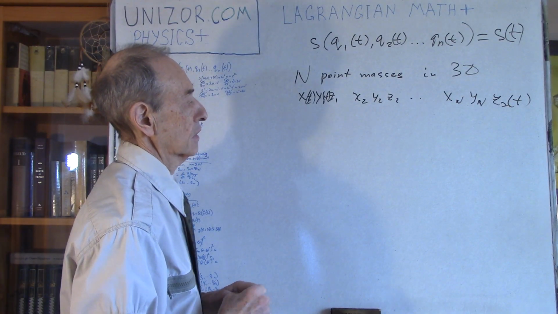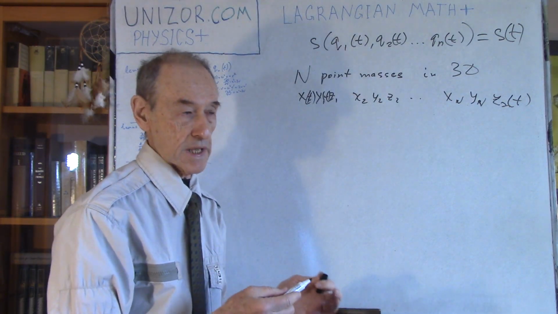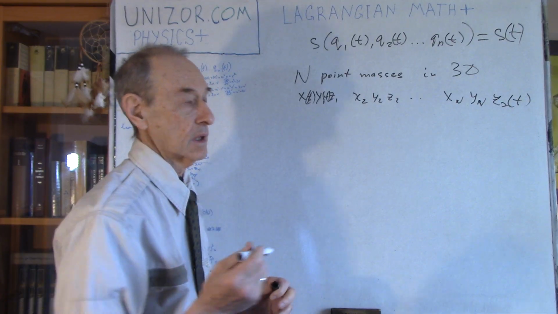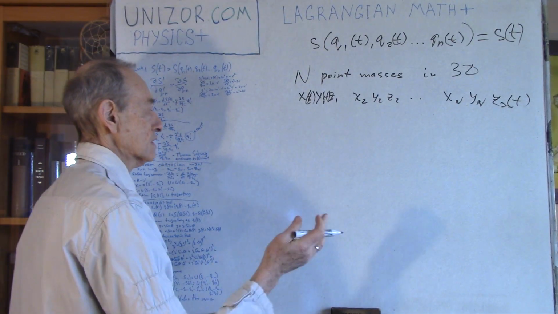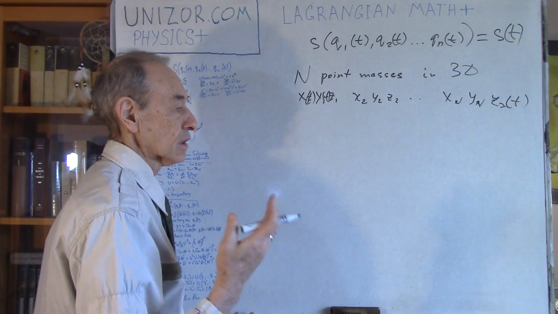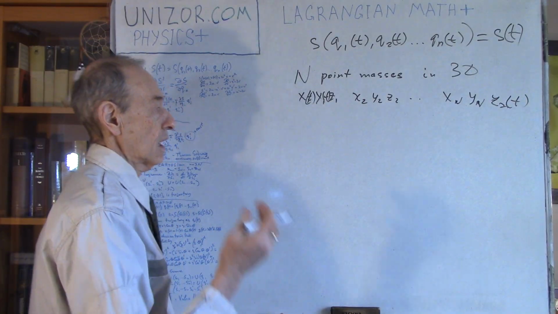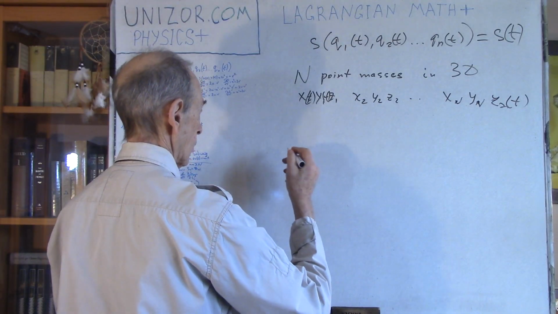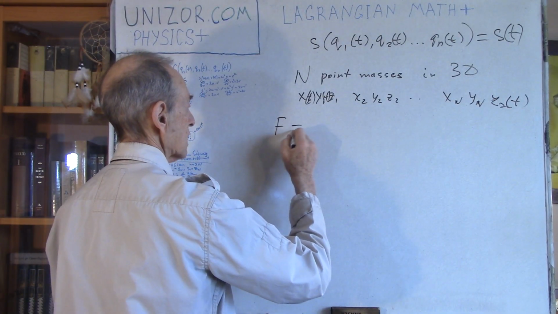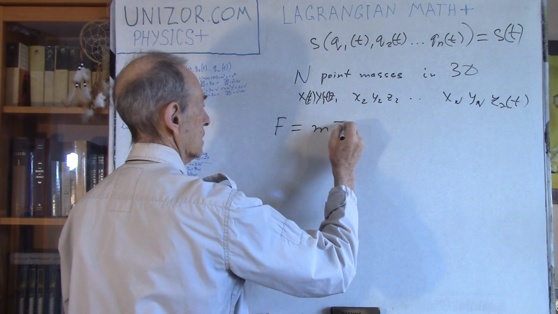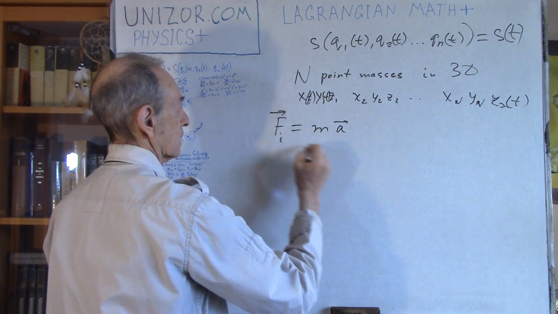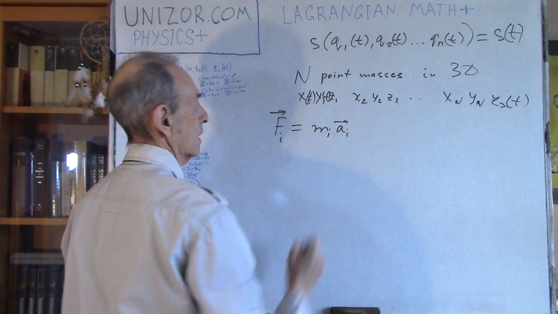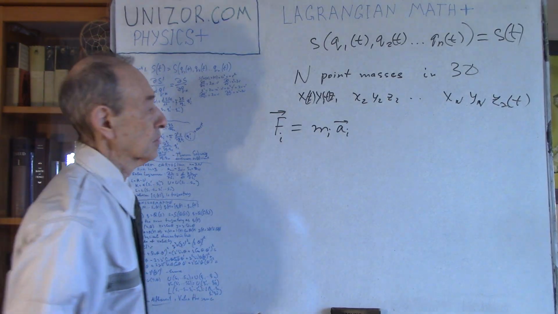Now we have proven in the previous lecture that for this system the Euler-Lagrange equations are equivalent to Newton's second law. So Newton's second law is F equals ma, so this would be vectors, for each component.